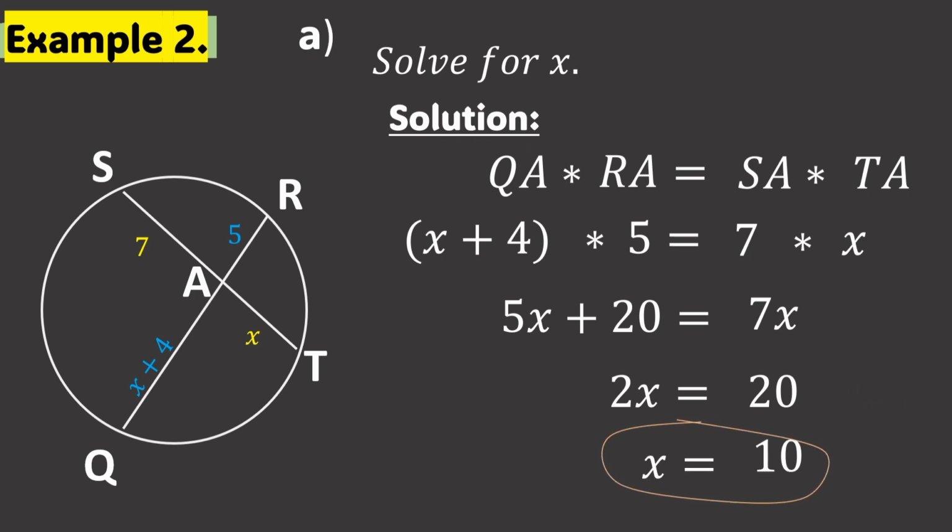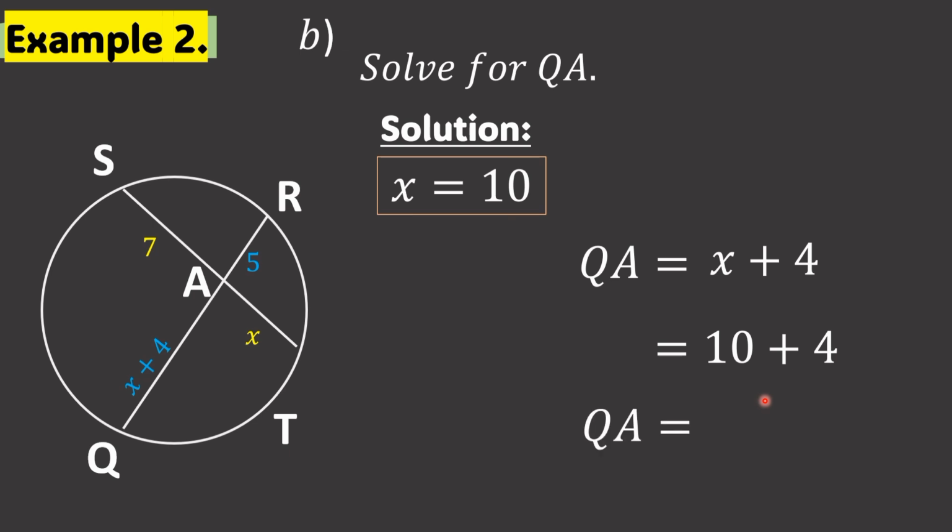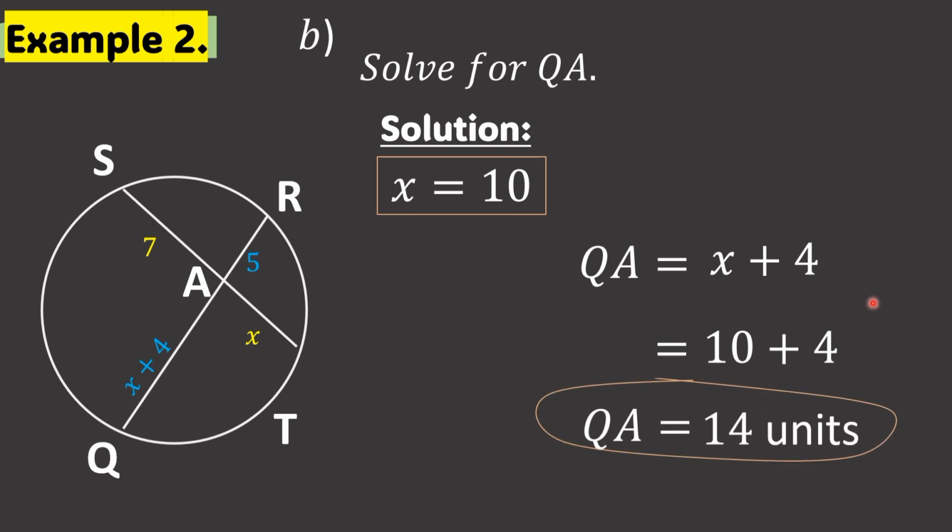Therefore, X is 10. Solve for the length of QA. Since X is equal to 10 and QA is X plus 4, therefore the length of QA is 14 units.